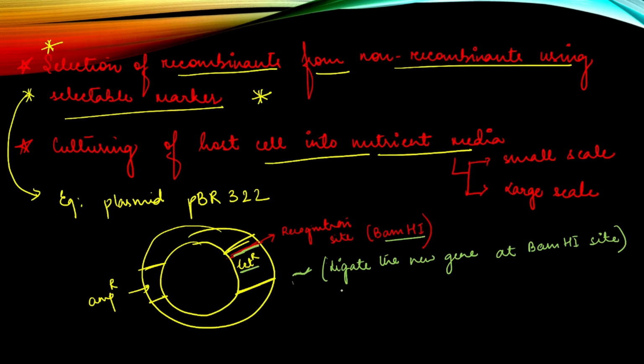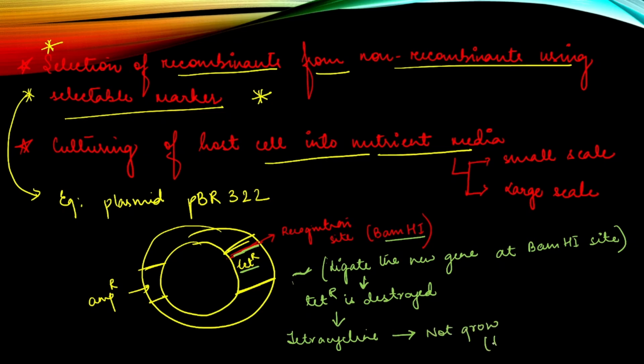So the tetracycline resistance gene is destroyed. Now, if we grow this bacteria in the presence of the antibiotic tetracycline, what will it do? It will not grow, because the tetracycline resistance gene is destroyed.